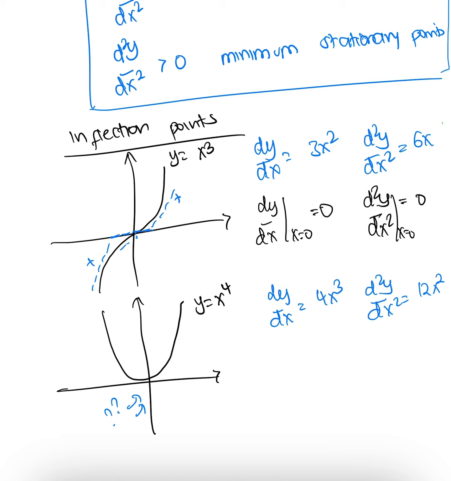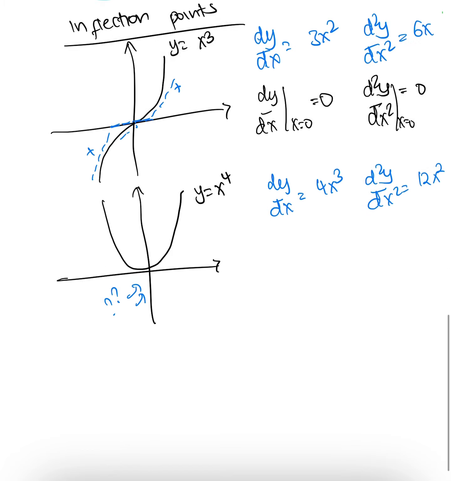What's going on? To be able to know if something is an inflection point or a maximum or a minimum, the sure way is to just check what the gradient is before and what the gradient is after. So just pick a point beside the origin. For example here, I would pick a point 1 and a point -1 to check the gradient either side of the point of interest to see if it's a maximum or a minimum.